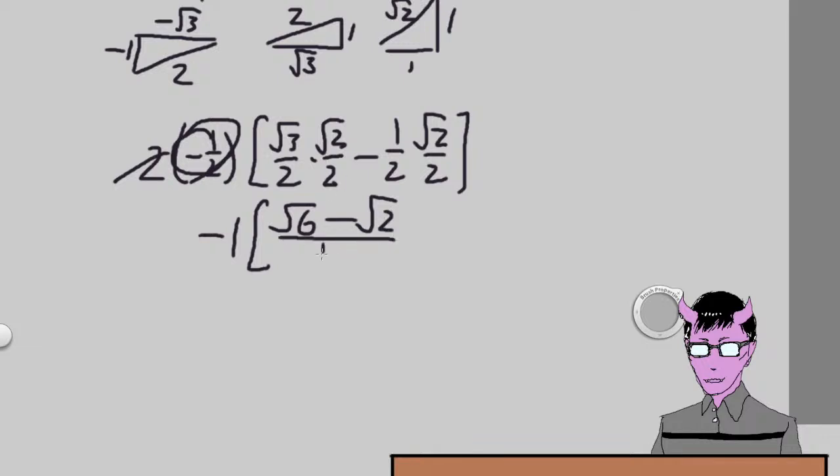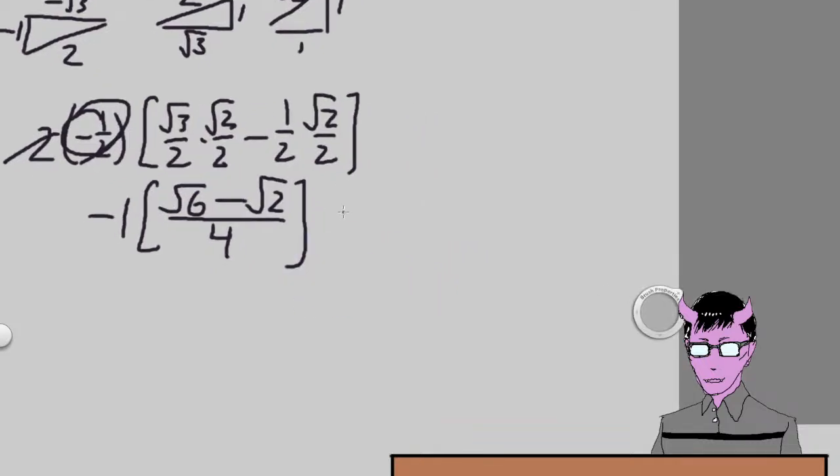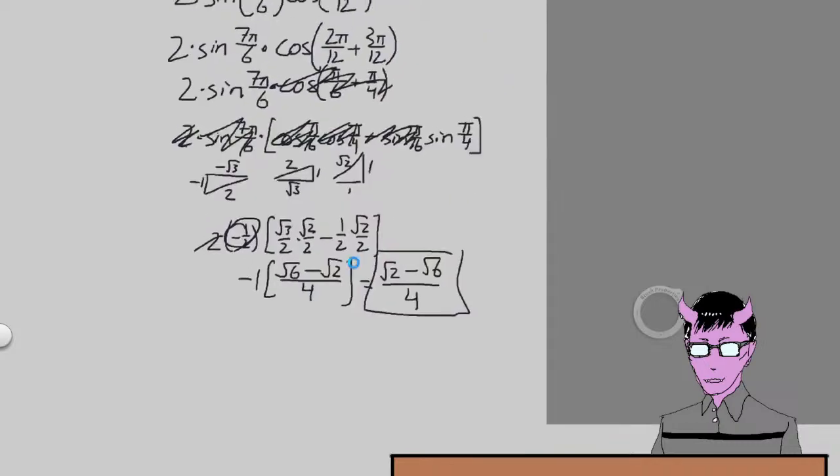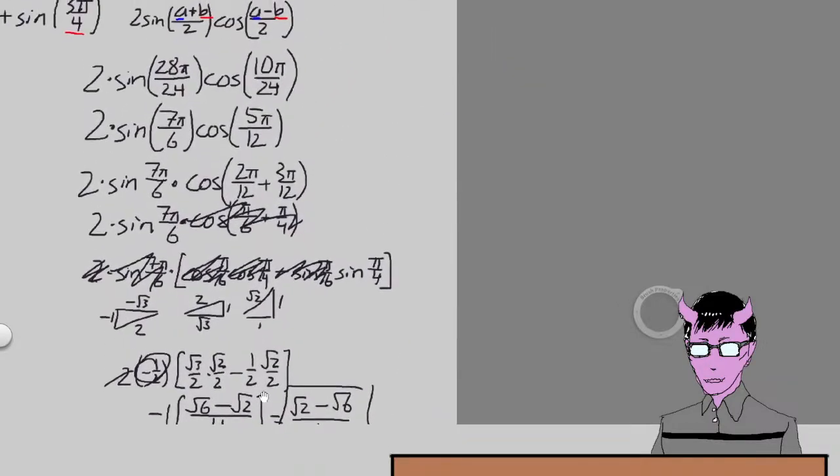Common denominator is 4. We have a sign flip shenanigans, so those two signs are going to flip. And so do a flip. Root 2 minus root 6 all over 4. And that should be the answer for this one. It's quite a bit of work.